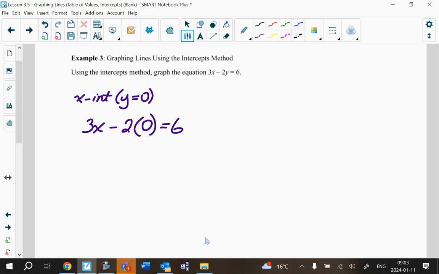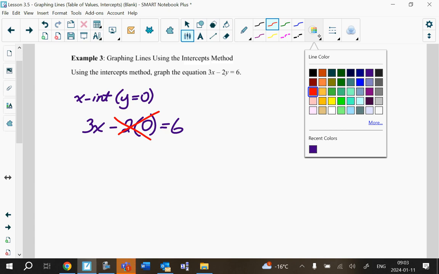And figure out what x is. Well, what's 2 times 0? Yeah, so that just basically disappears. So we're left with 3x equals 6. So what does x equal? Yeah.